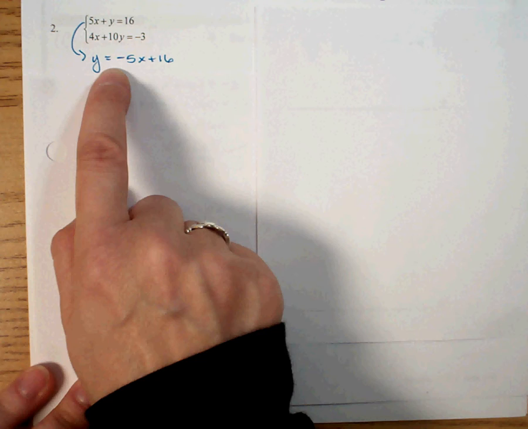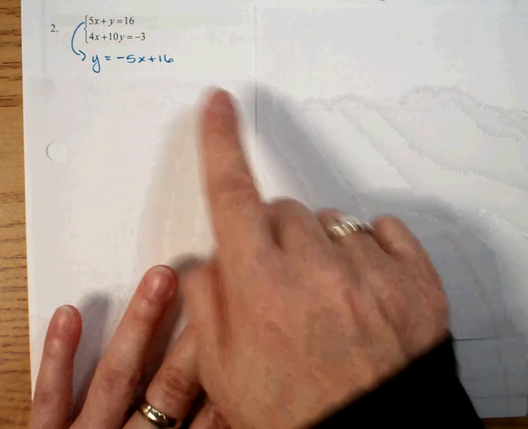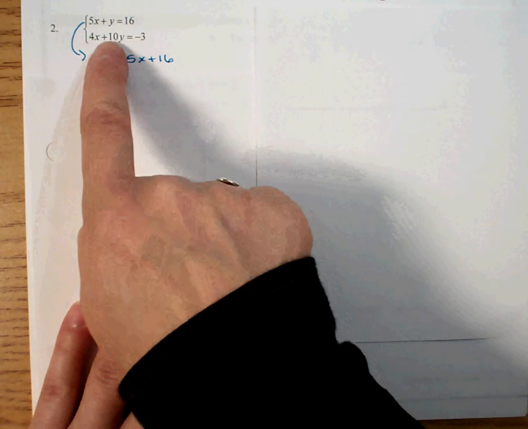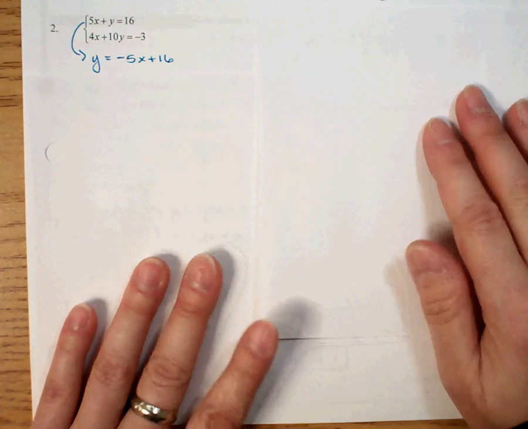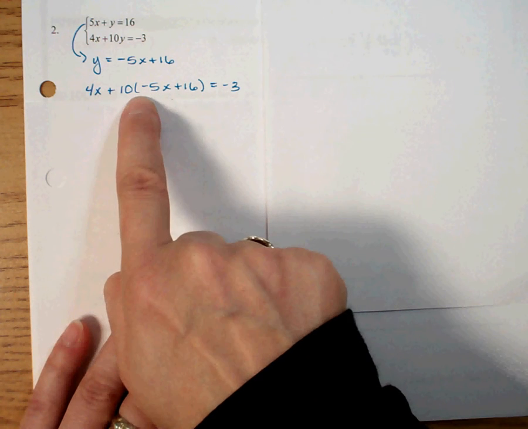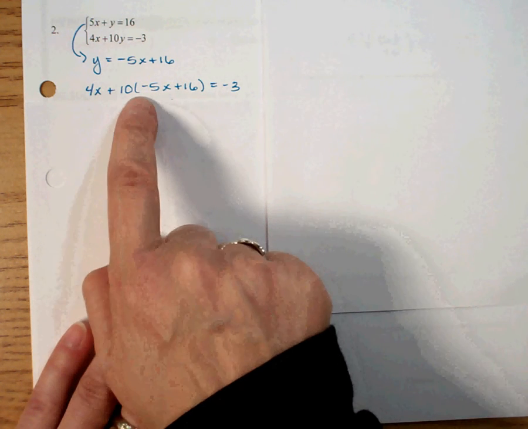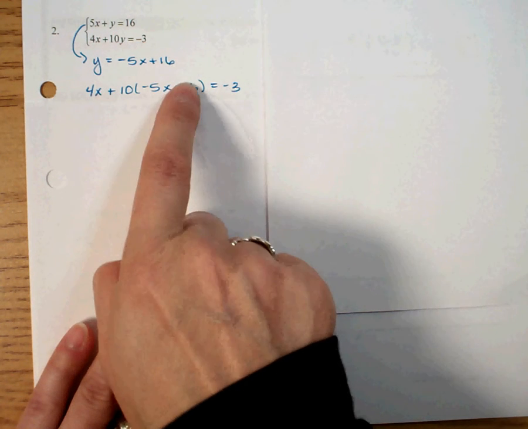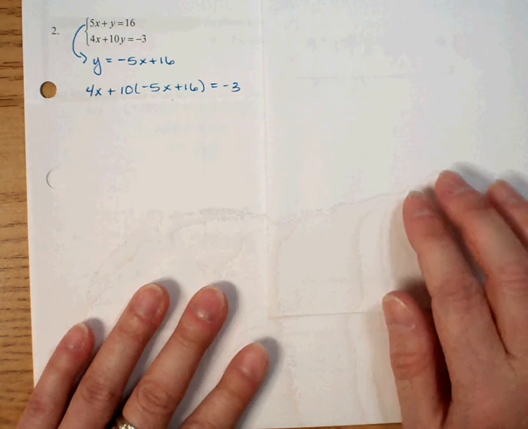So I simply solve that equation for y so that I can do a simple substitution, taking the -5x plus 16 and substituting it into the second equation. Be very careful with your parentheses when you do your substitution, because the 10 from the second equation will have to distribute to the entire expression that we determined for y.